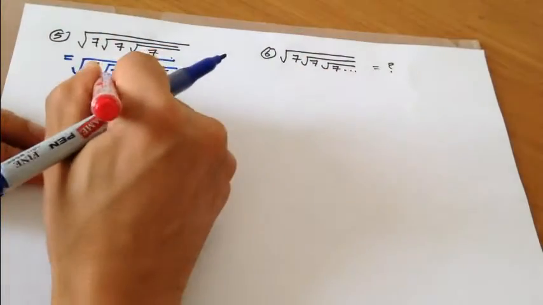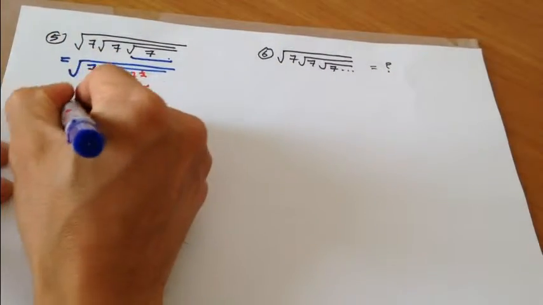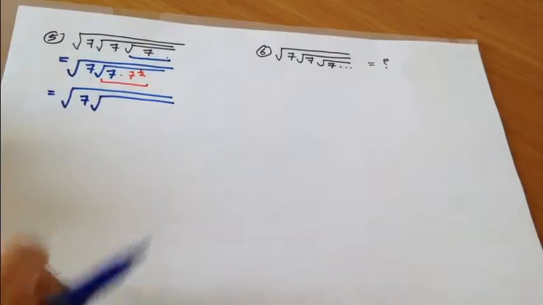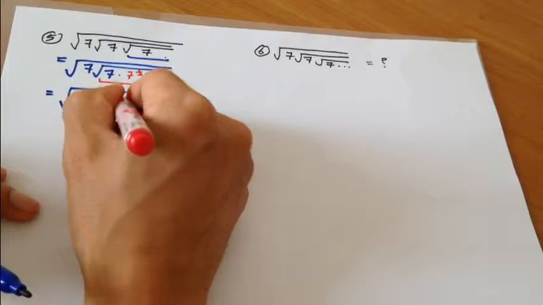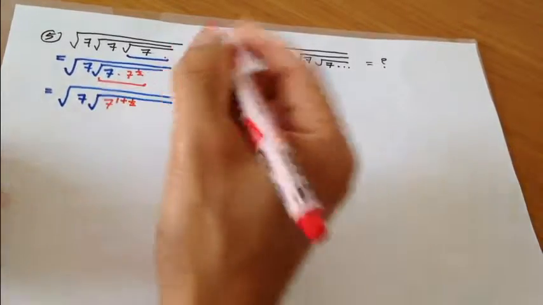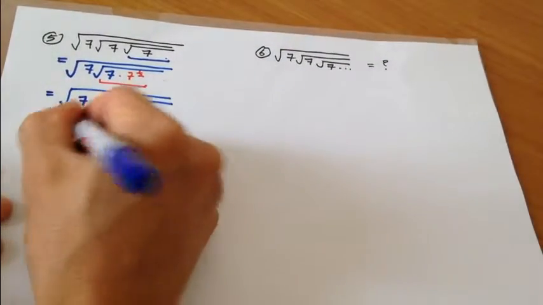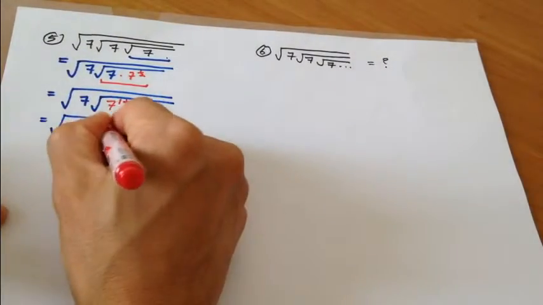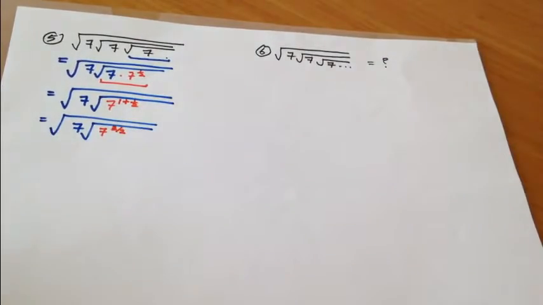Now I would have to consider the two things inside here. That is equal to square root of 7 times 7 to the half. That is just basically 7 to the index 1 plus half. So the answer to that will be square root of 7 raised to the power of 1 plus half, which is 3 over 2.